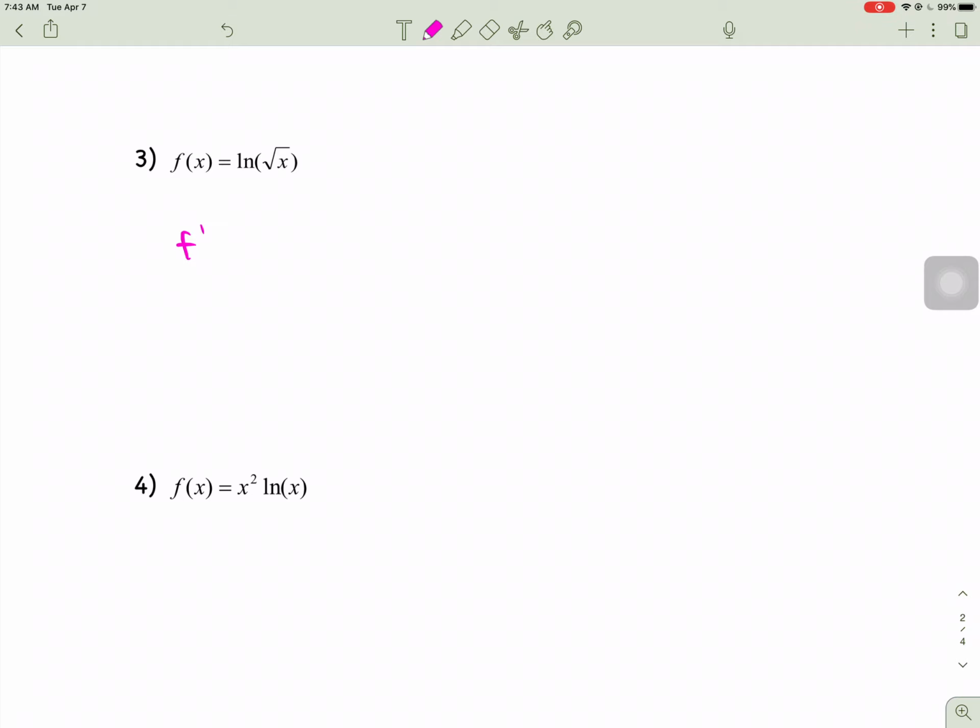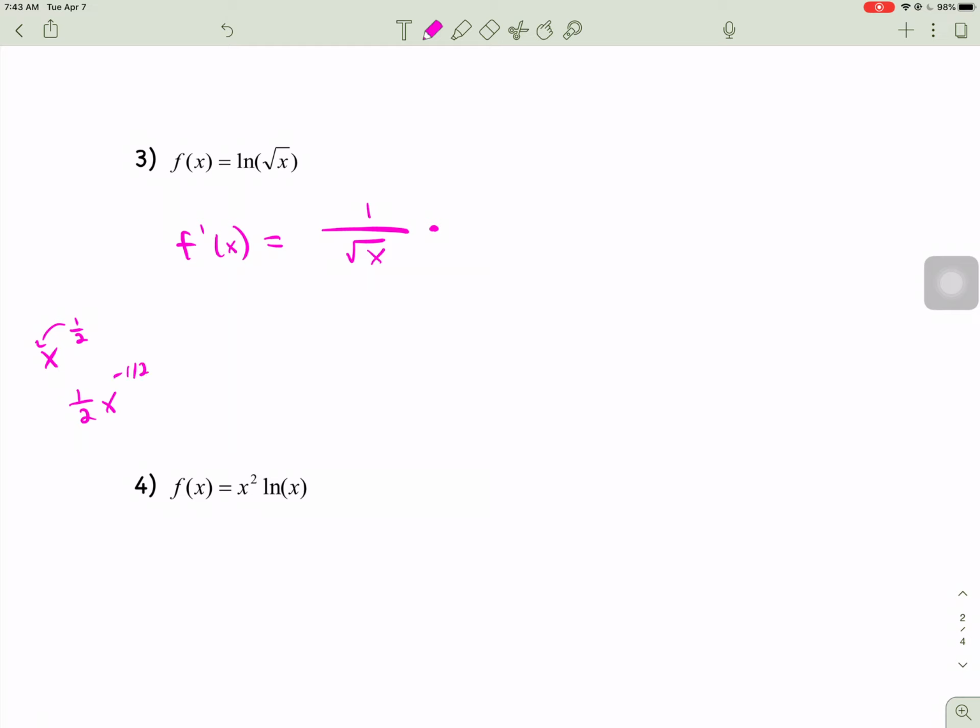So let's say f prime of x is 1 over rad x times, well, what's the derivative of rad x? Remember, it's x to the 1/2, so that'll be 1/2 x to the negative 1/2.